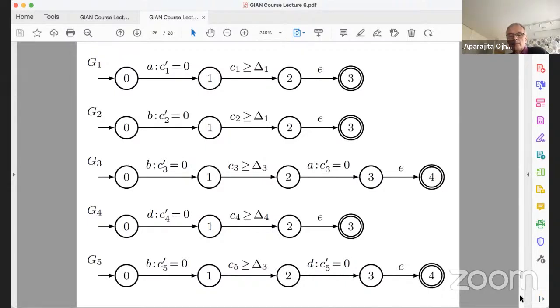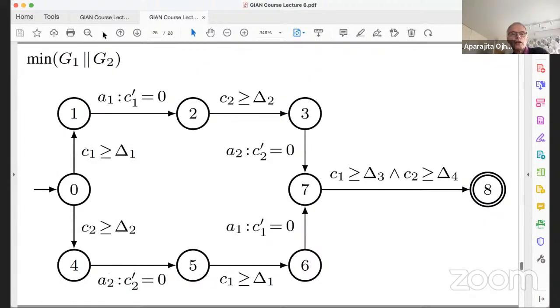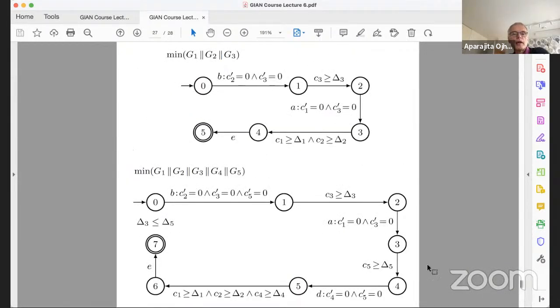And then if you then combine these 5 models, including this result, and with a slight assumption here. First, combining G1, G2, G3 just gives you this short model, and then you add the other 2. And if we, just to save space here, assume that now that delta 3 is less or equal delta 5, then I get this final solution.